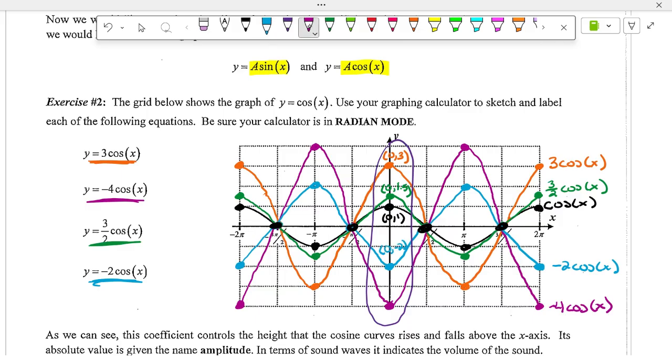Where about the purple graph? 0, -4. Let me ask you this. Look at the y values. Where have you seen those y values before for their respective graphs? It's the a value. So what the a value does is that it affects what we call the amplitude. Okay?